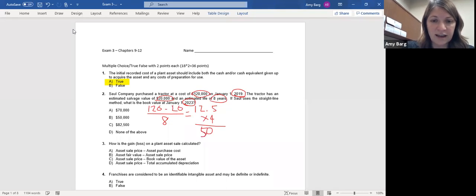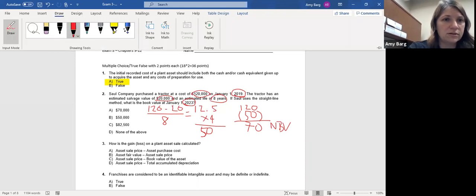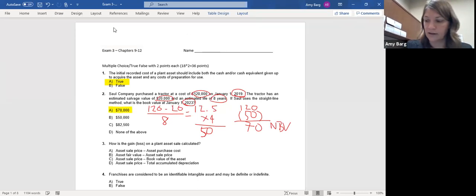So there's $50,000 of depreciation on this machine at the end of 4 years. So the machine has a cost of $120,000, has a depreciation of 50. So the net book value at the end of those 4 years is $70,000. So the answer here is letter A.